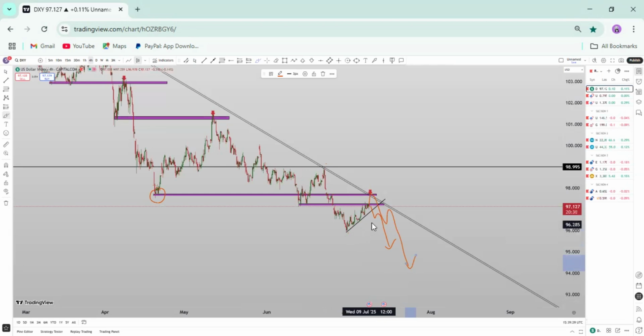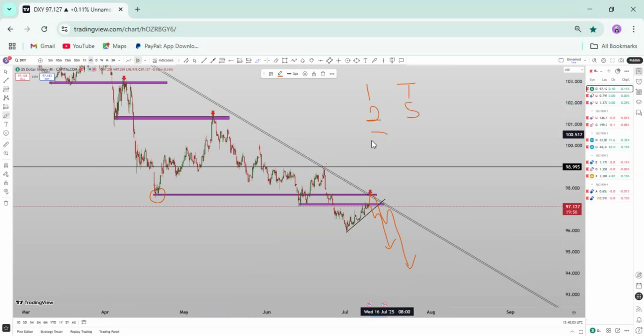So currently we can see DXY is still on a downtrend, but one thing we have to note is that the market might reverse from this area and break to the downside, or the market might retrace a little bit longer to the main trend line, because as you can see clearly, if the market retraces to the main trend line, we have three best confluences. One, we have a trend line. Two, we have support and resistance.